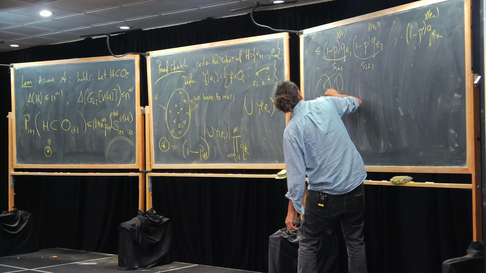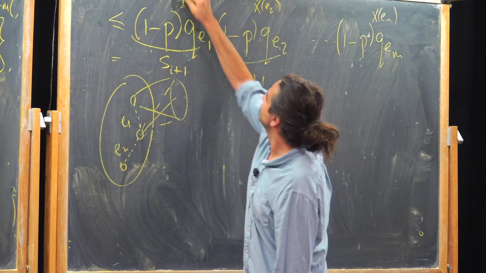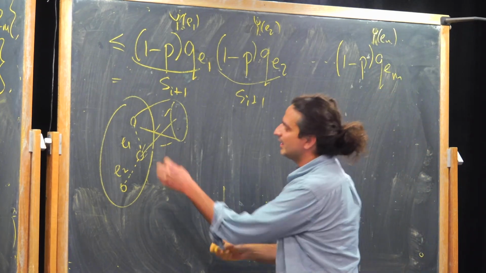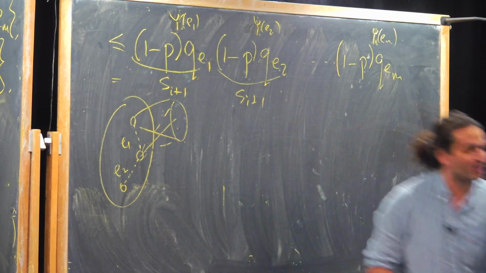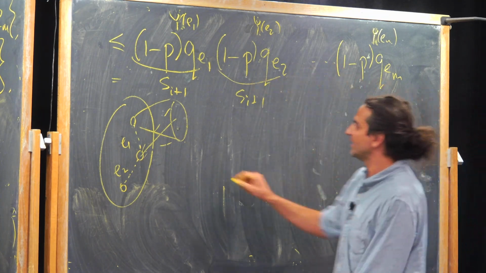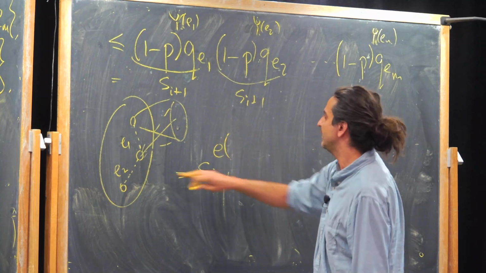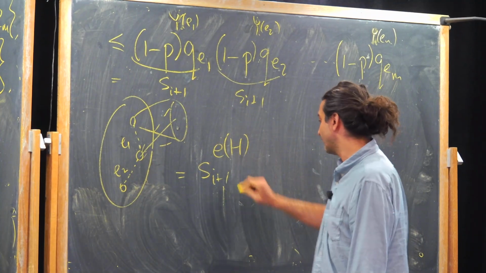So for example, a set that I saw in some earlier Y, I could have encountered later, and then I'm not allowed to count it again. Okay, so it's equal to s_{i+1} to the e(H), or m.